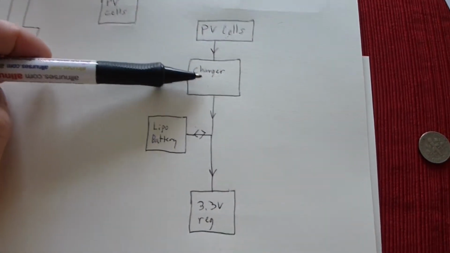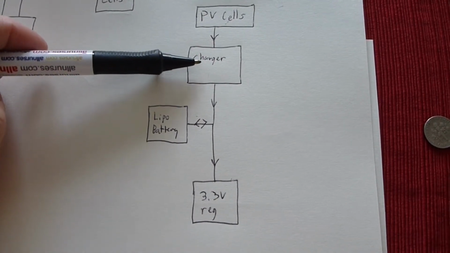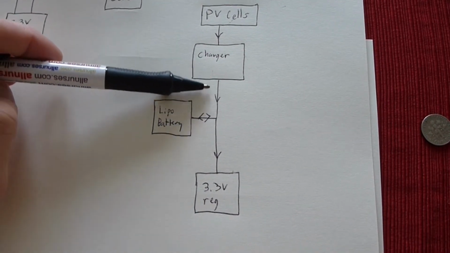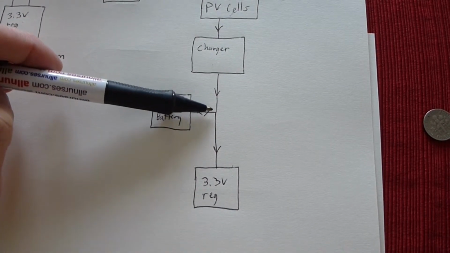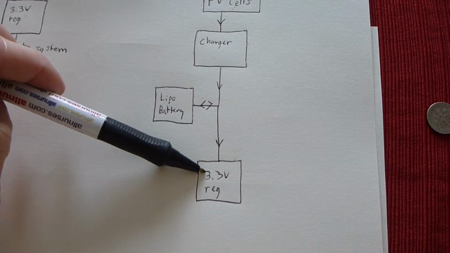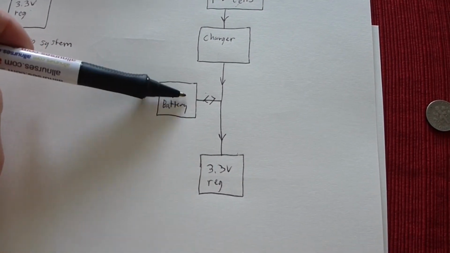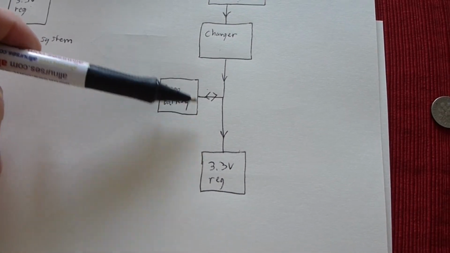So the max current coming out of the charger is something like 600 milliamps. It's going to charge the battery, it's going to drive the system, but that current has to be shared amongst these two loads.